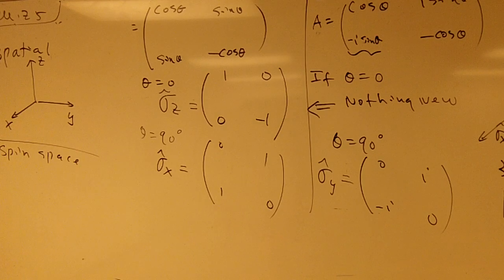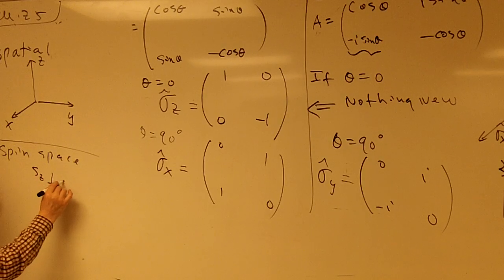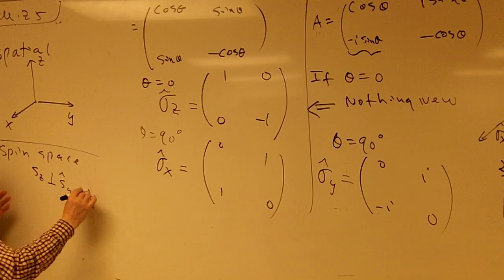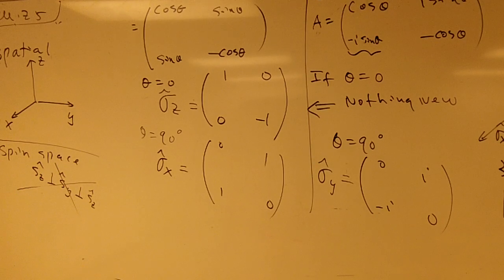if you're in a spin space, there is no such thing as Sx perpendicular to Sy perpendicular to Sz. There's no such thing that Sx is perpendicular to Sy and to Sz.